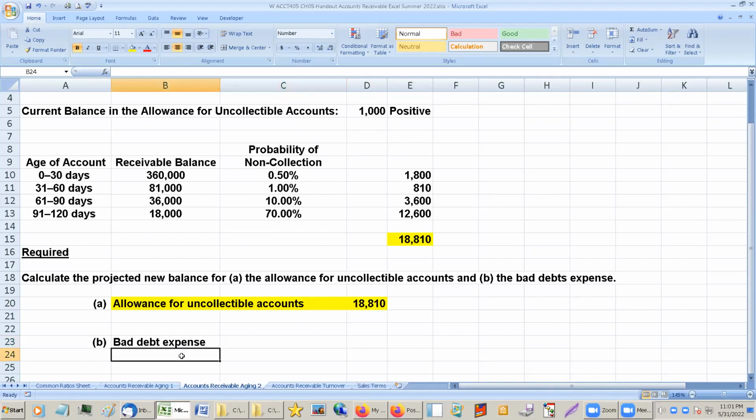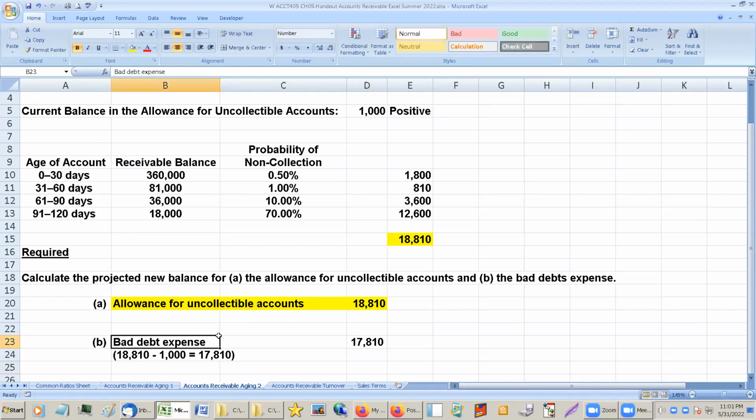We need to have our bad debt expense will only be 17,810.